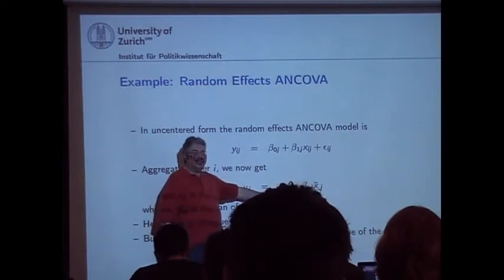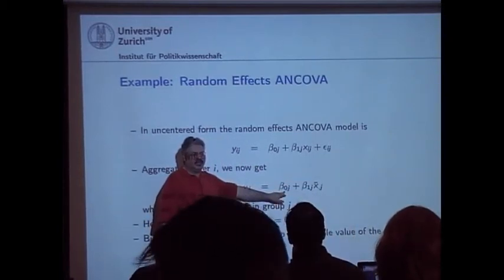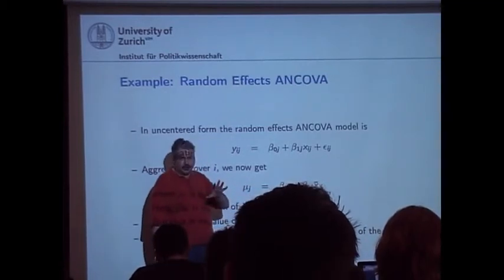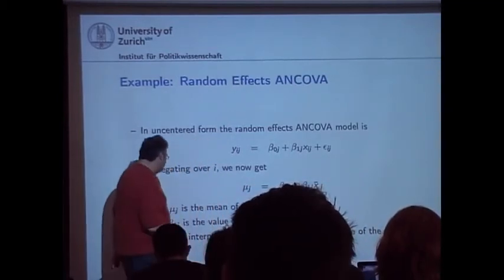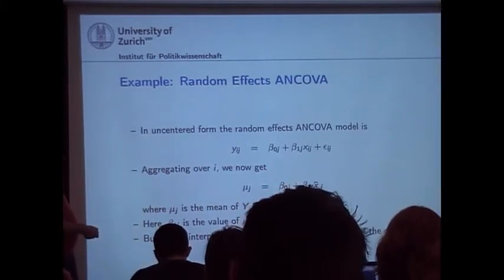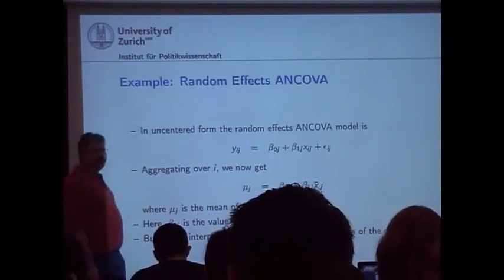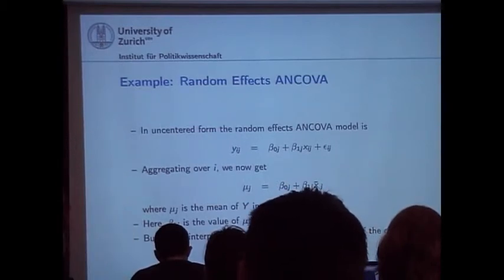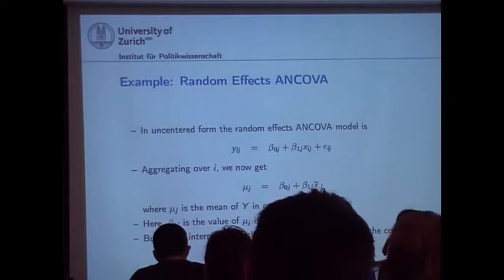That would be the interpretation of beta 0j, that it's the mean of y, given that the group mean is 0. But that group mean of 0 may never occur. In fact, it's unlikely to occur. And therefore, the interpretation of the intercept is a little bit questionable.